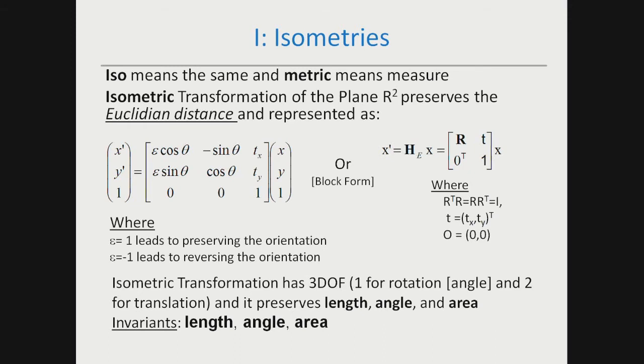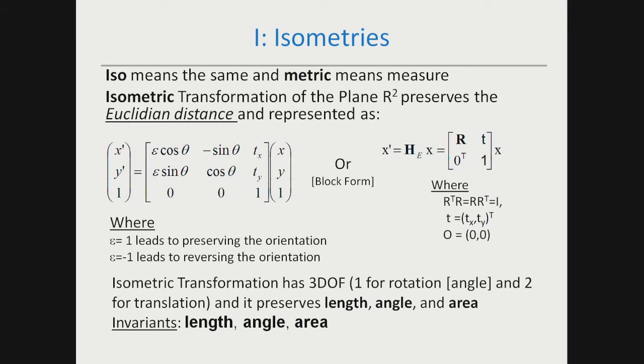So any object or shape we take, we can only rotate and translate, which will keep the same shape. We don't change its size, no angles change, everything is fixed. We can only rotate and change position. This is the isometric transformation.